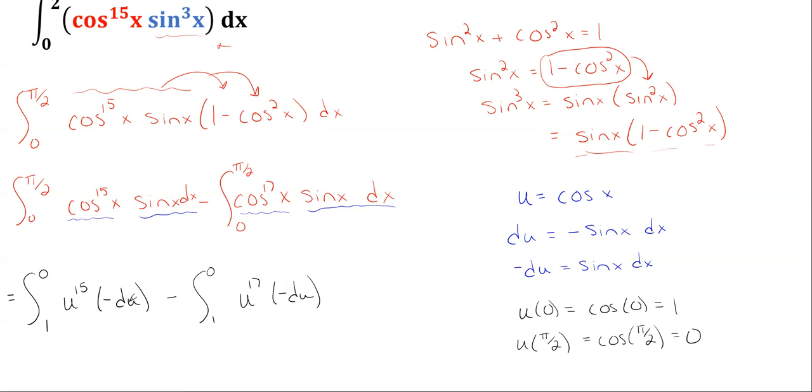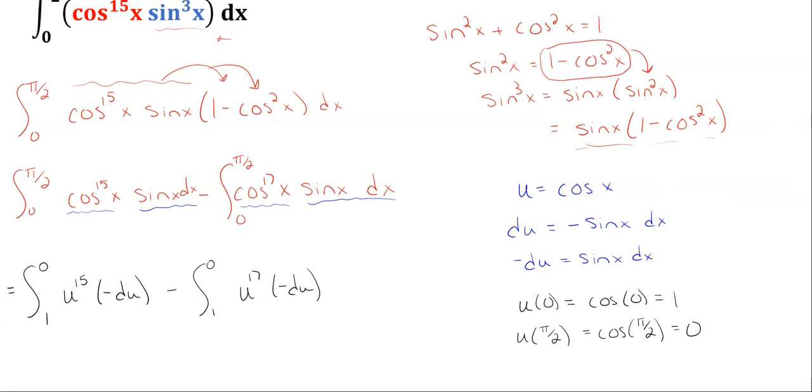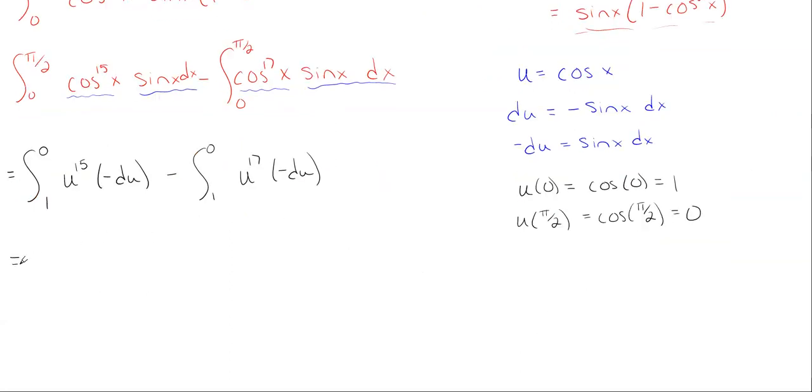So let's take out our minus signs from the du for each portion. This will become minus the integral from 1 to 0 of u to the 15th du, and then plus, because minus with the minus becomes plus, the integral from 1 to 0 of u to the 17th du.